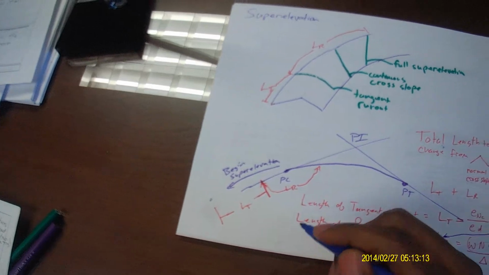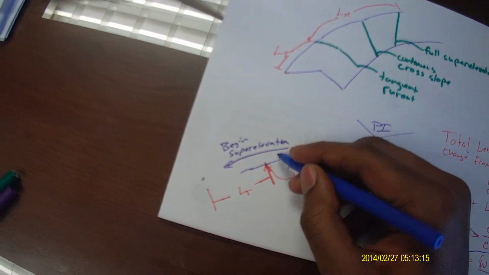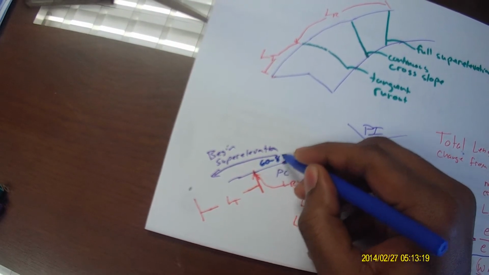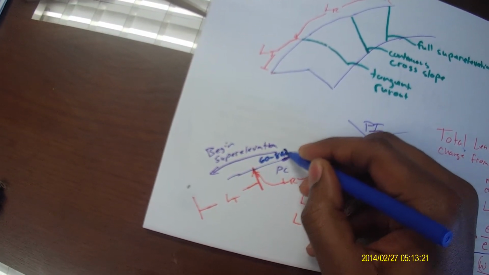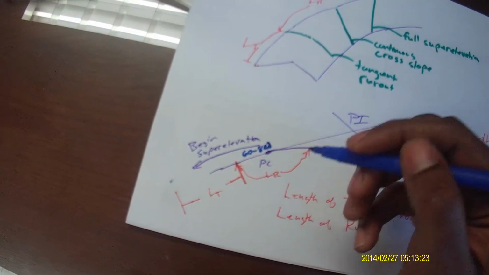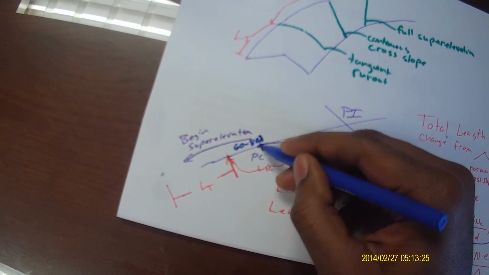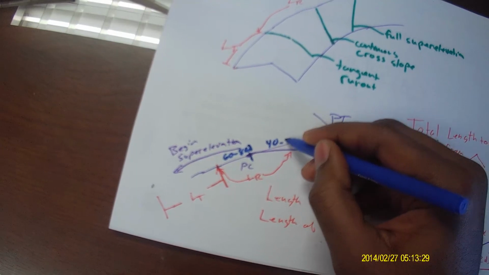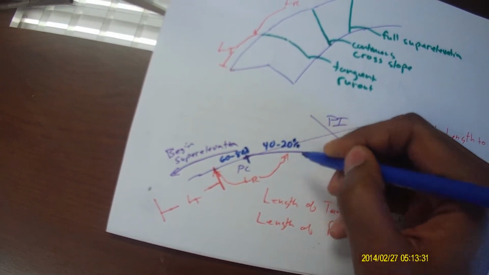Okay, now in practice it can range anywhere from 60 to 80% before PC, and anywhere from 40 to 20% after PC.